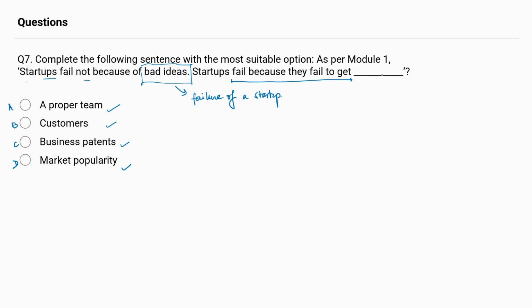The options are proper team, customers, business patents, and market popularity. We've got a vote for customers, option C. Got one vote for C, one vote for A. All right.